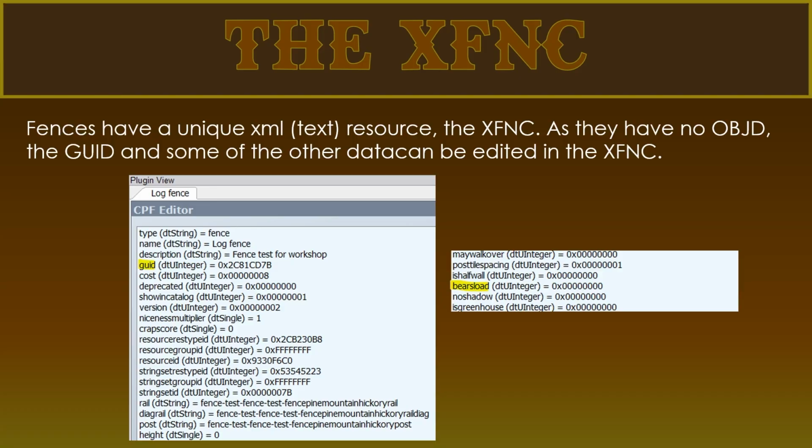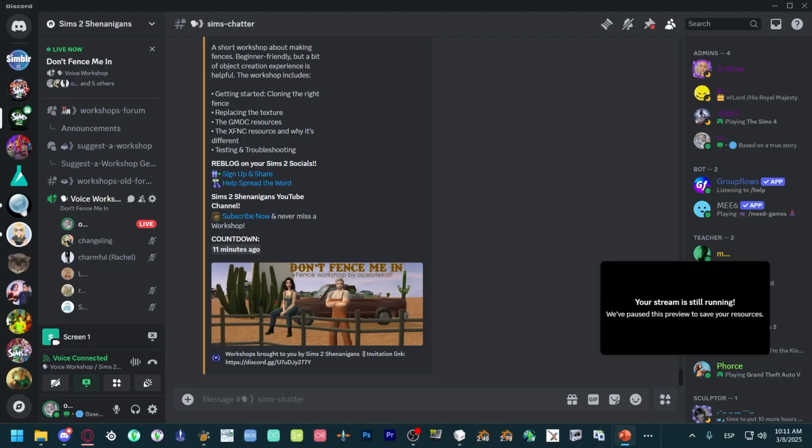We've got gate, we got cost, we got the crapness and the depreciation, and the niceness multiplier, which is, I guess, how much it improves the environment score. Yeah, I don't see anything specifically about gates. Okay. So we can assume, I've never built a fence section that didn't support a gate, so I'm assuming that it's by default.